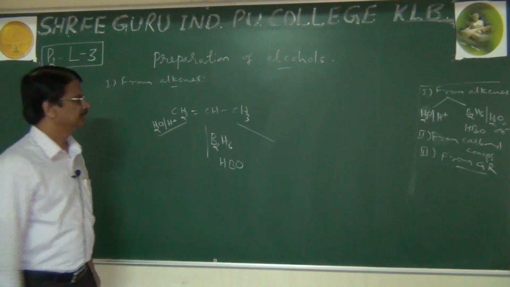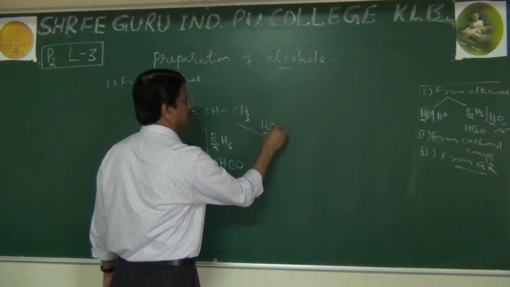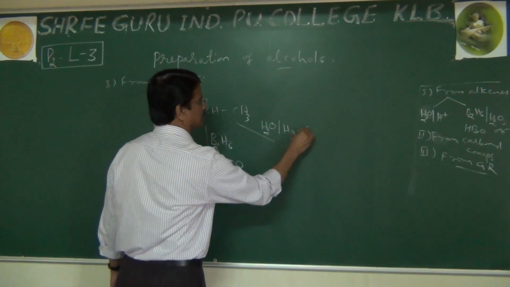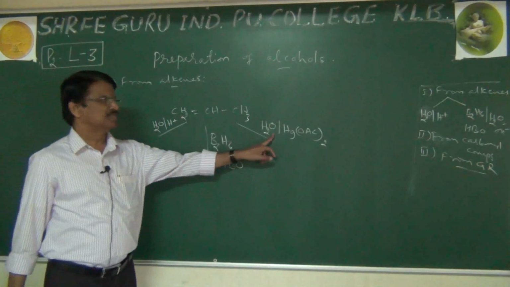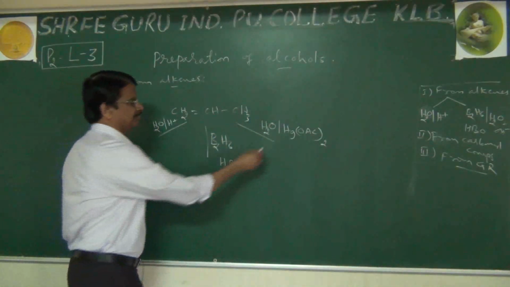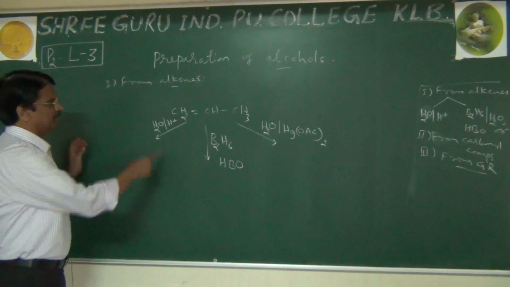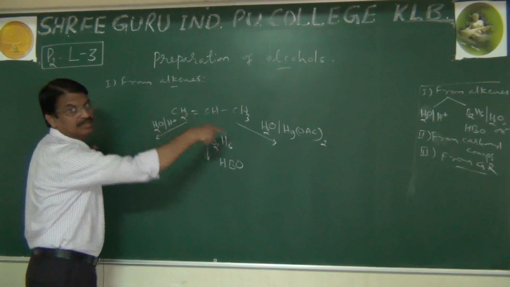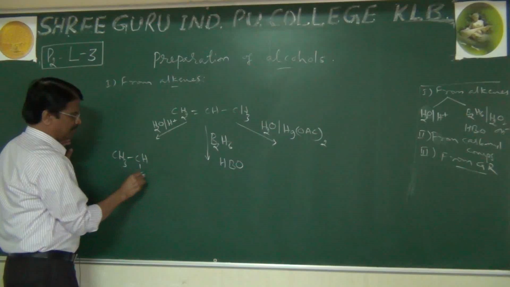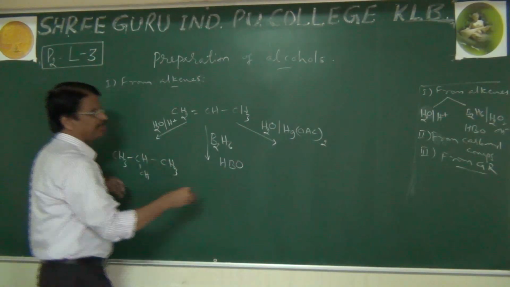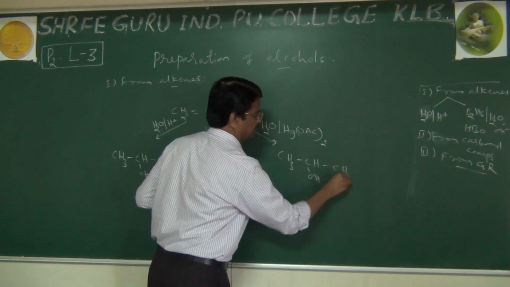These two I wrote, and one more we will study today. It is called oxymercuration, demercuration. By the first and last methods, we can get CH3 CHOH CH3.